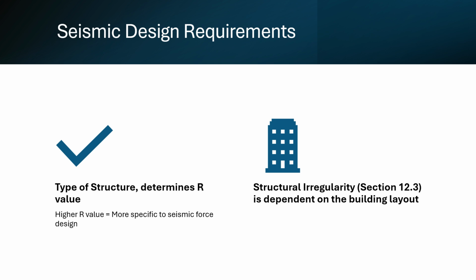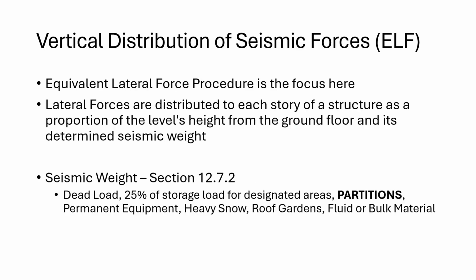This comes from the plan geometry of the structure. For licensure examinations, you might get a question based on, is this structure irregular? Not so much as, this structure is irregular, let's do XYZ analysis to it. So put that section 12.3 in your back pocket, so that if you get a question, hey, is this horizontally irregular or not, you'll be able to determine that.